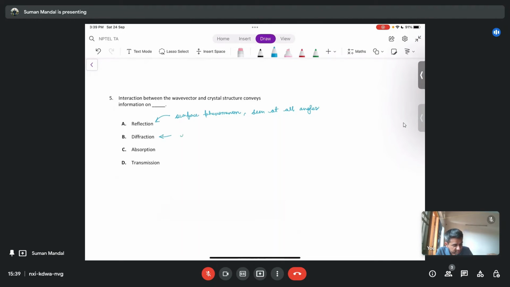Diffraction is a bulk phenomenon, which is why the crystal structure becomes important, and it is seen at only some specific angles.